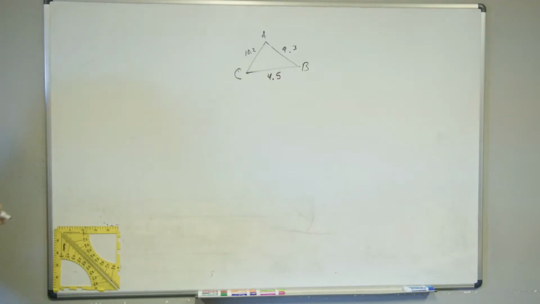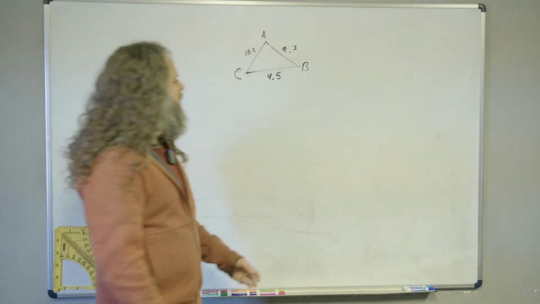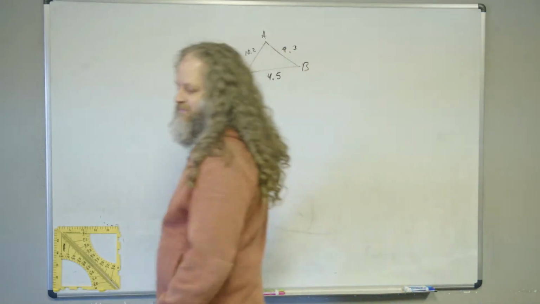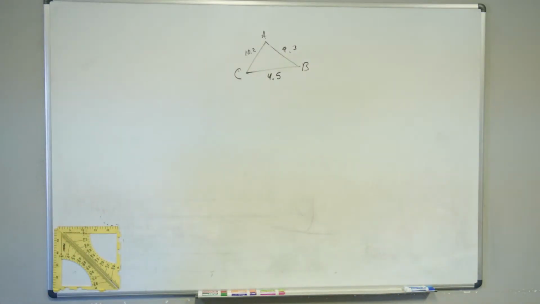Again, we don't know a pair, and we don't really know which angle to start with, so it doesn't matter which ones are on the outside. Which one do we want to start with, A, B, or C? B sounds great.